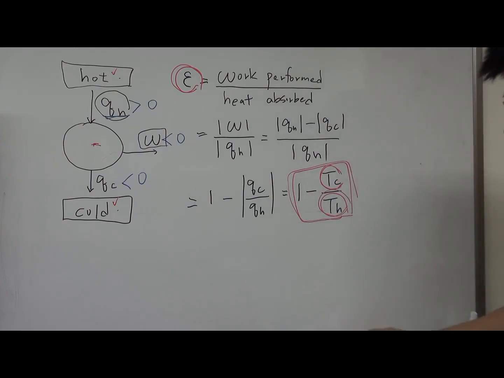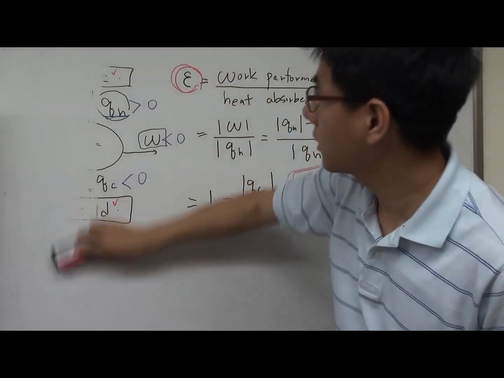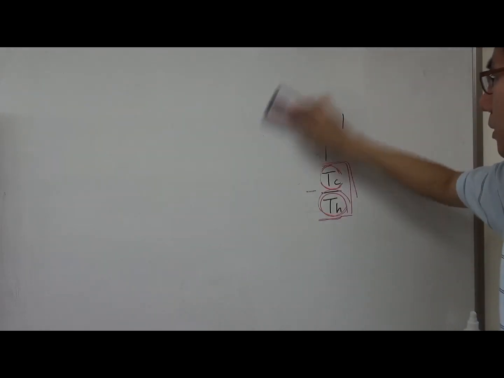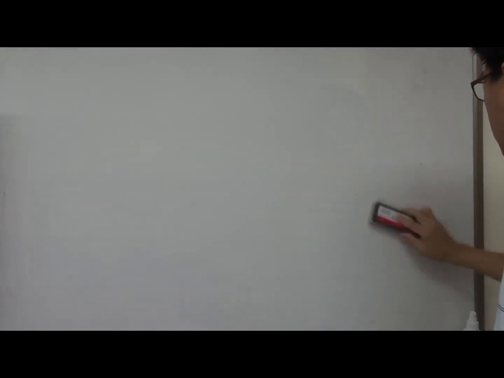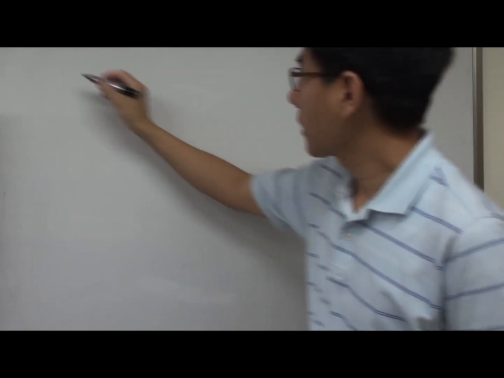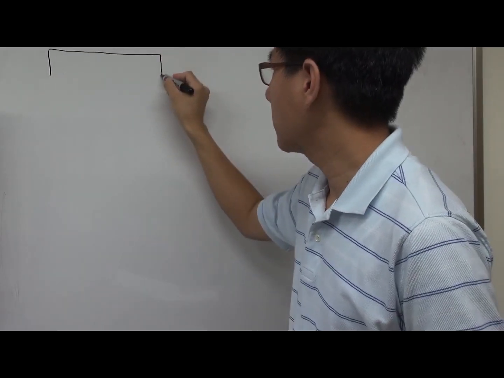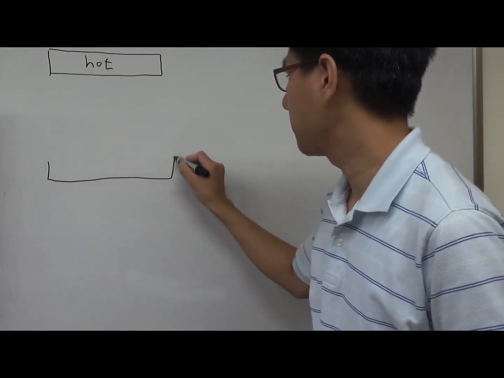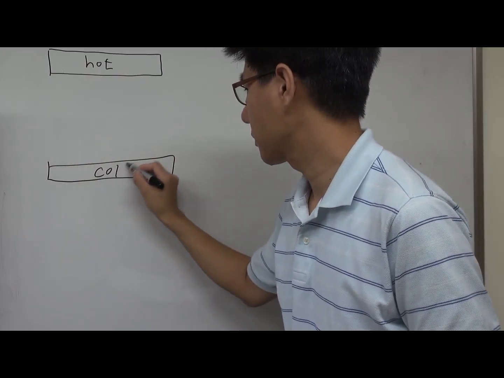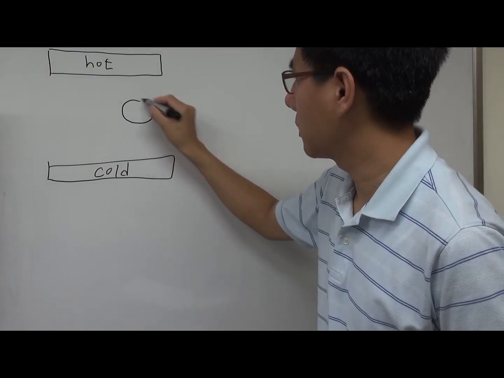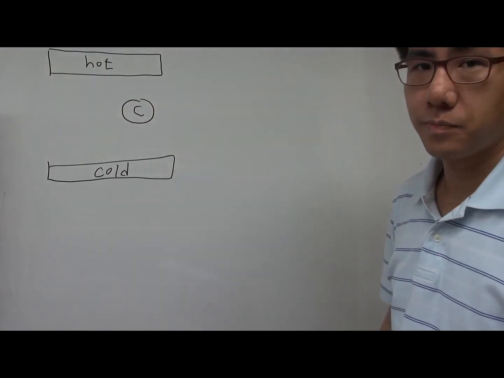So let's do it like this. We have a hot reservoir and a cold reservoir. Let's say that we have a Carnot engine between these two reservoirs.